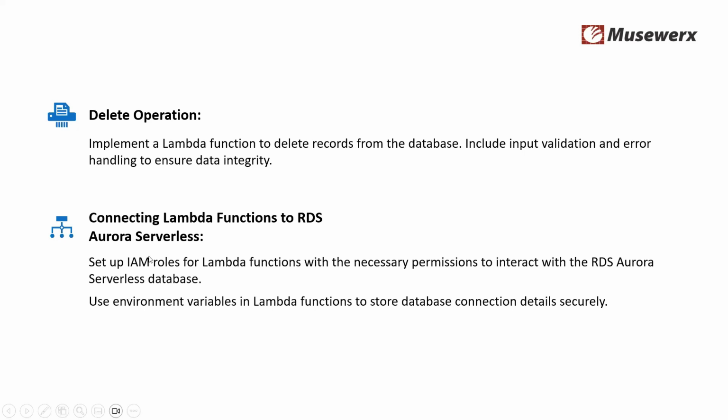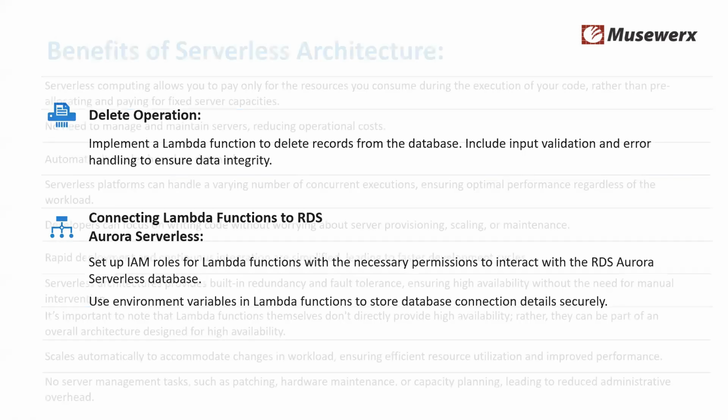These are done well in advance. When we are defining the Lambda function, the IAM roles are set up in advance so that every access of the Lambda function is predefined and it does not do anything else. And it uses environment variables, something that we can discuss a little later.